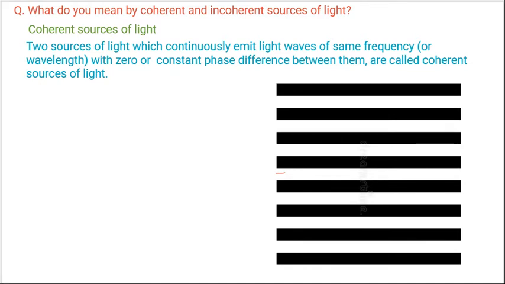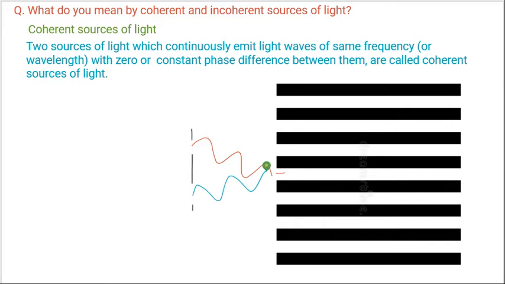So consider the light coming from slit S1 and slit S2. Let this be slit S1, and let this be slit S2. Now suppose this is the red wave coming from slit S1, and this is the light coming from slit S2.